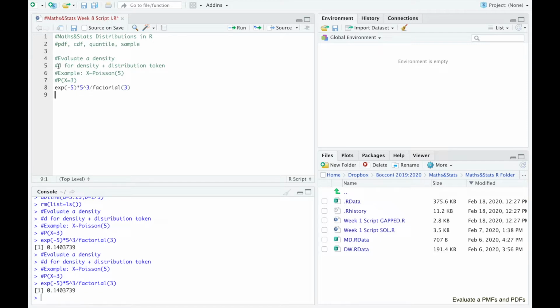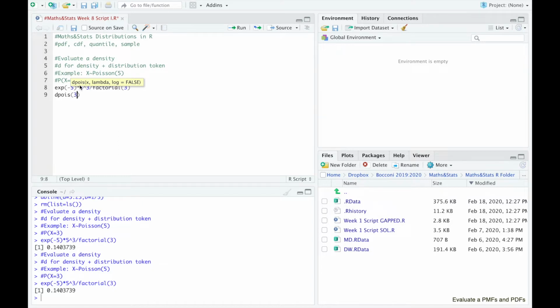Right. There's a much faster way to do this, and it's to use the inbuilt R function, which is d for density, and the distribution token for the Poisson is pois. So this function, dpois, evaluates the probability mass function of a Poisson distribution. I want to evaluate the PMF at 3, and look here, we have some suggestions.